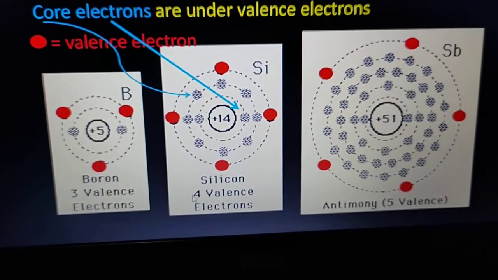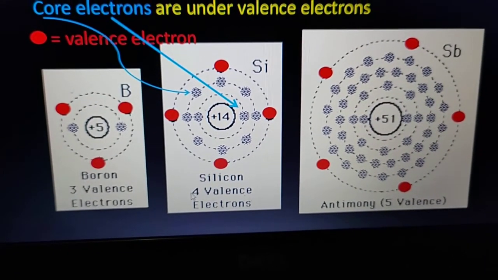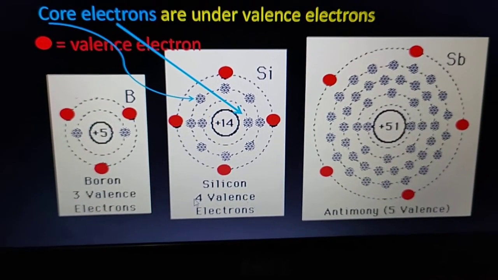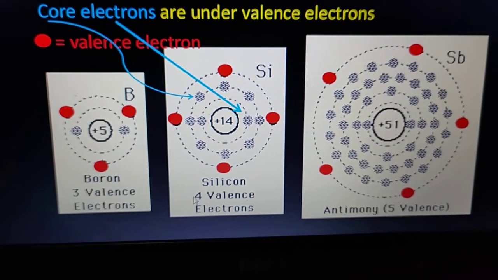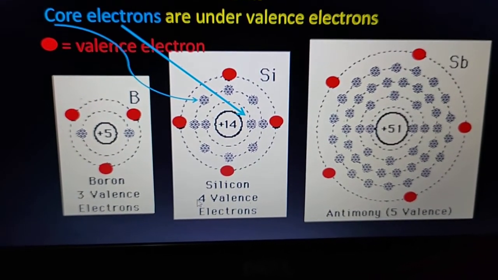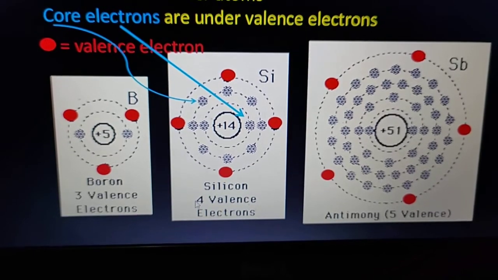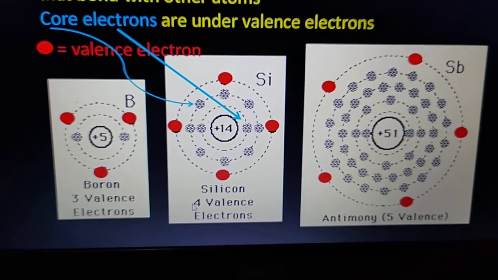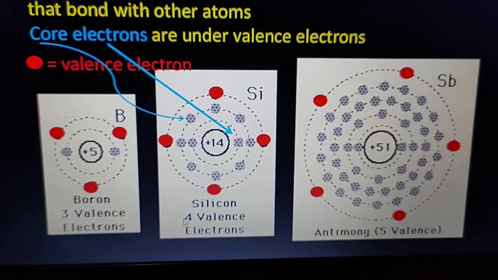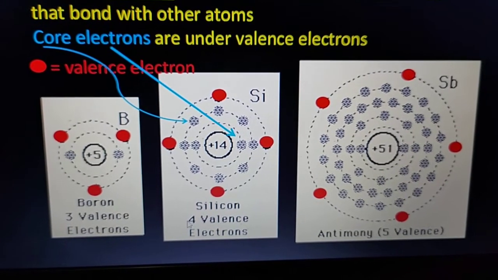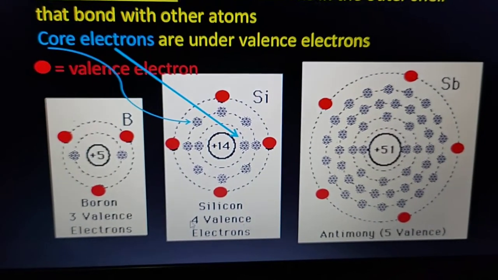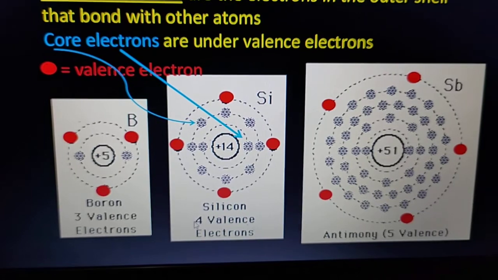Now you see that boron has atomic number 5, so the electronic distribution is 2, 3: 2 electrons in the K shell and 3 electrons in the L shell. The outermost shell of boron is the L shell. How many electrons are there in the L shell? 3 electrons.